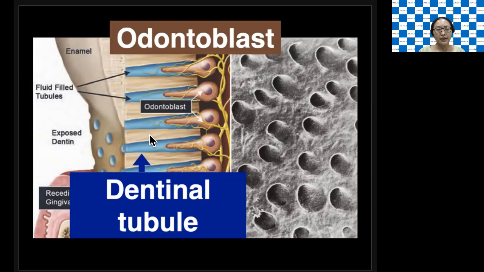Within the tubules, there is an odontoblast process, which is an extension of an odontoblast, and the dentinal fluid, which contains a mixture of albumin, transferrin, and proteoglycans.